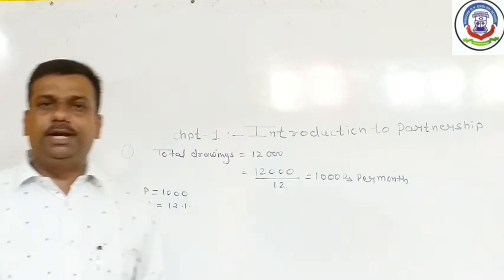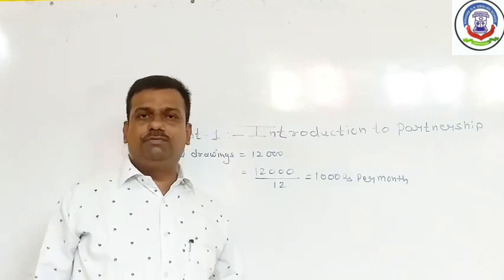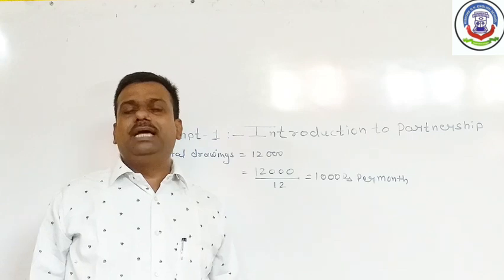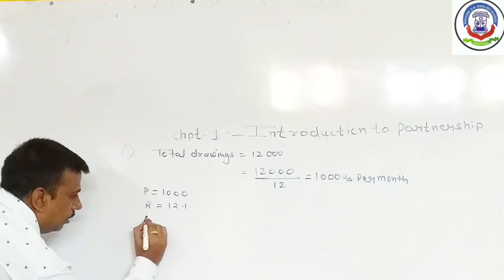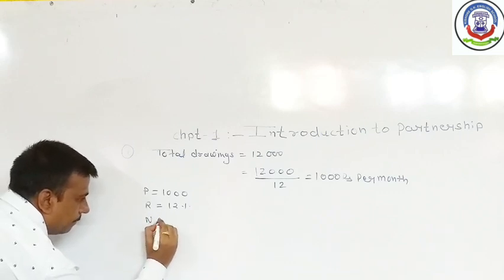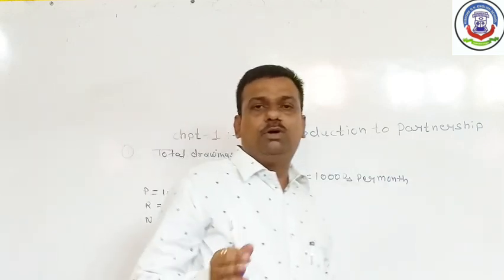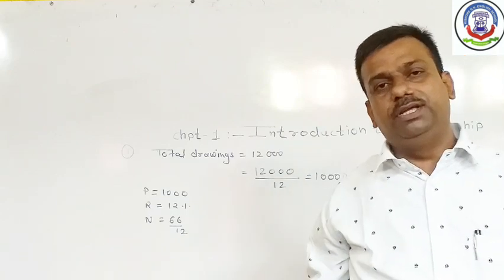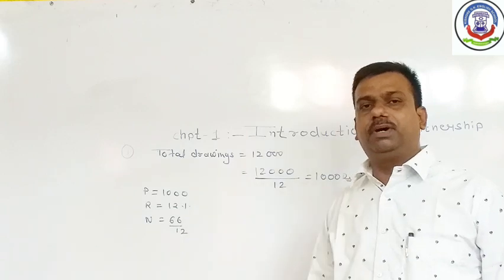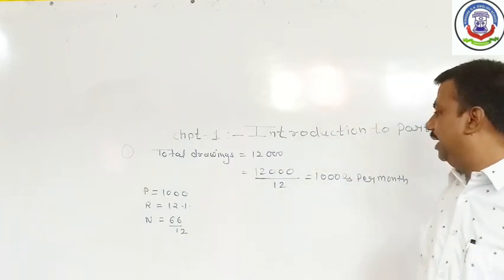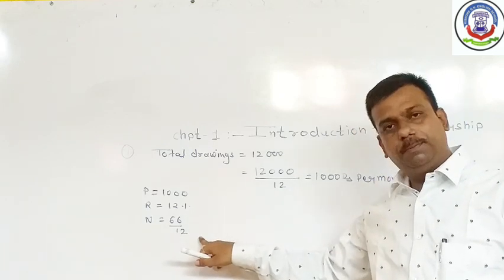In the sum it is given that the partner has withdrawn the amount at the end of every month, so n will be 66 by 12. If an amount is withdrawn at the beginning of the year, n will be 78 by 12. But if withdrawn at the end of each month, n equals 66 by 12.